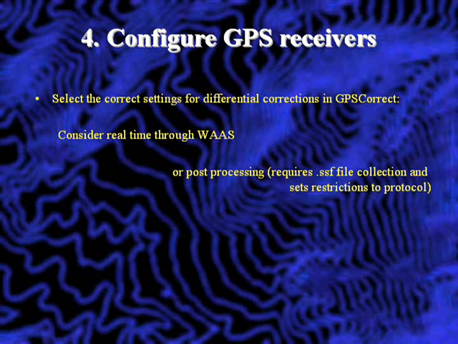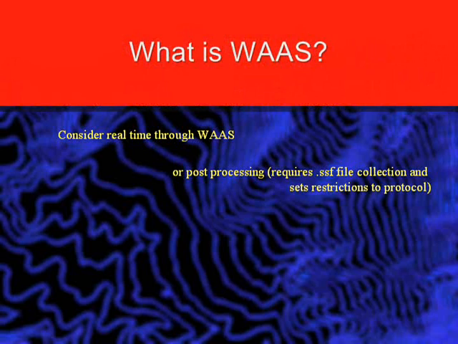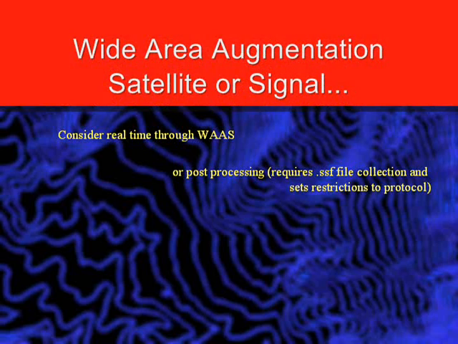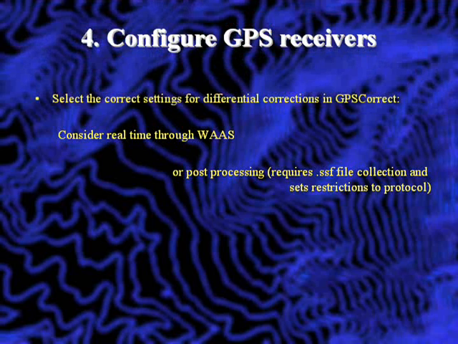Now, other settings that you can actually set in your GeoXT receivers: we also installed GPS Correct. GPS Correct is specifically for differential corrections, and you heard about that yesterday. The two options that you actually have are real-time differential corrections through WAAS, wide area augmentation signal, or post-processing.